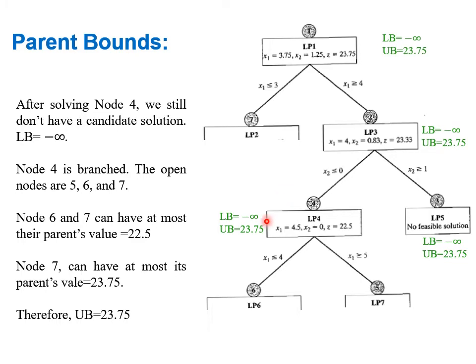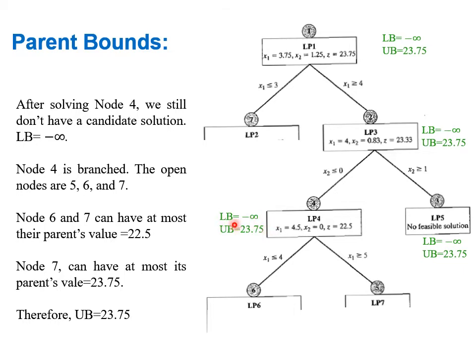In the next step, we solve the problem in node 4, and when we solve it, we found the solution which is not integer feasible, and its objective function value is 22.5. Then at this point, what are the lower and upper bounds? Still, we didn't get any candidate solution, any integer feasible solution.